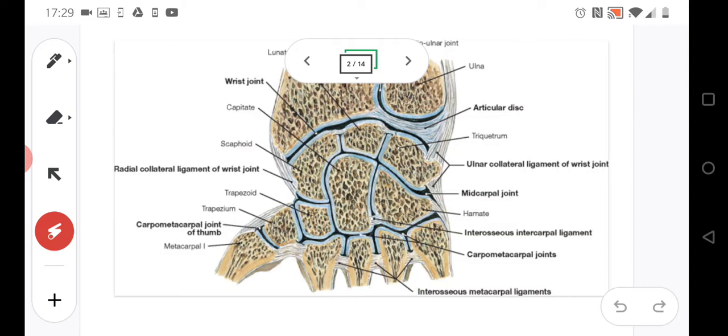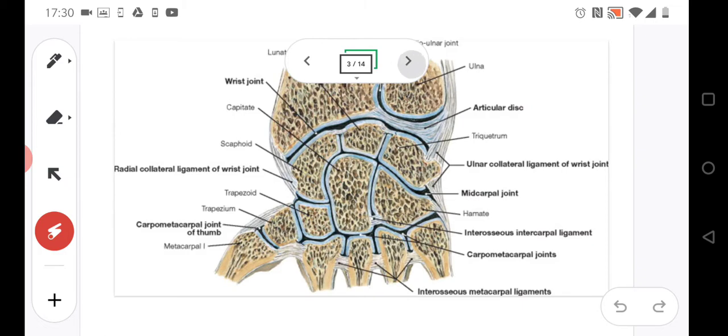It enables a little bit more movement. It's not so tense. Why? Because it's the base of the thumb. It's the base of the articulation between the trapezium and the first metacarpal. And because this ligament is far more loose than the other ones, it enables more movement.